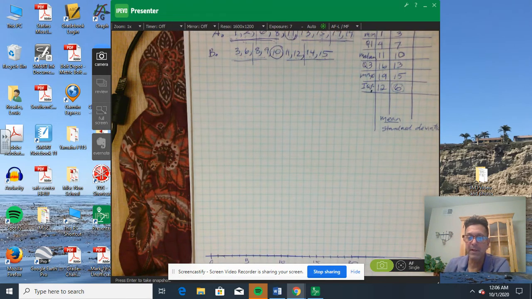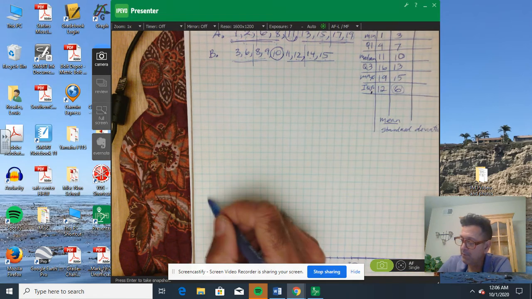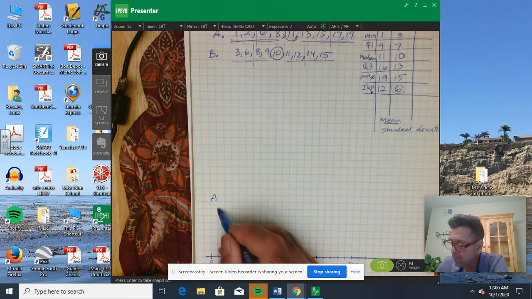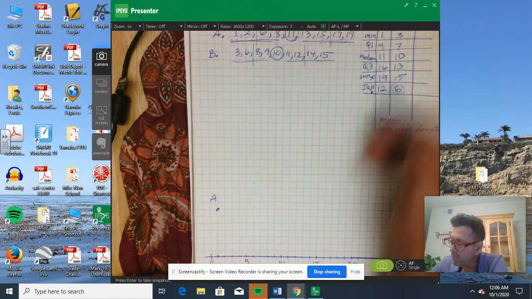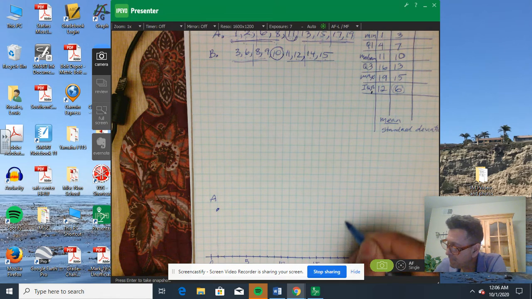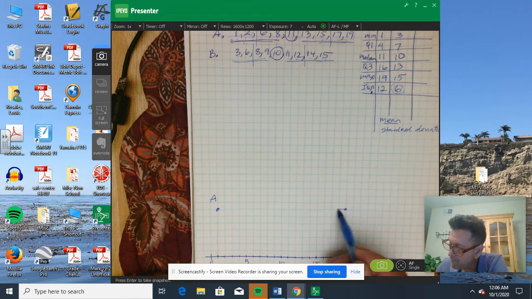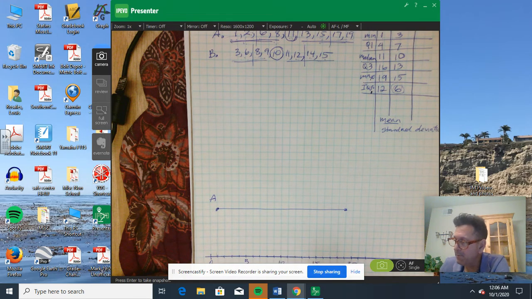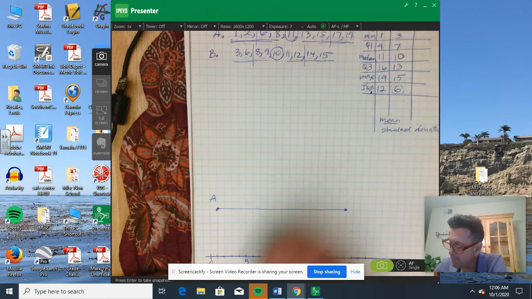So now we're going to go ahead and graph those. The first one we're going to graph is A, and it goes from 1 all the way to 19. First quartile is at 4.